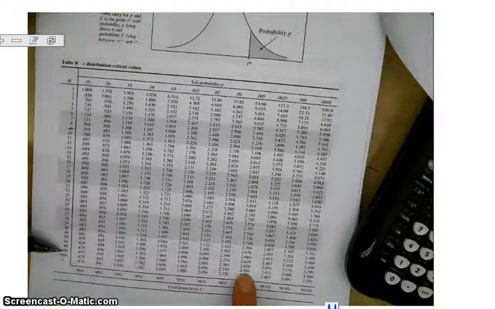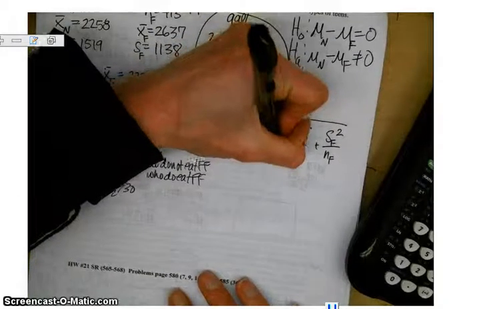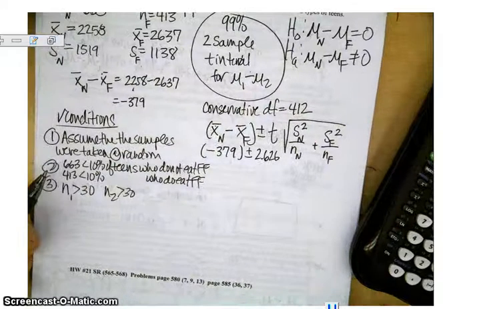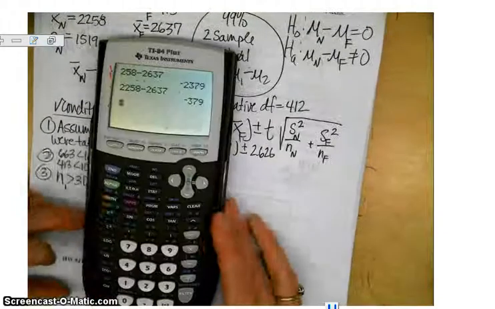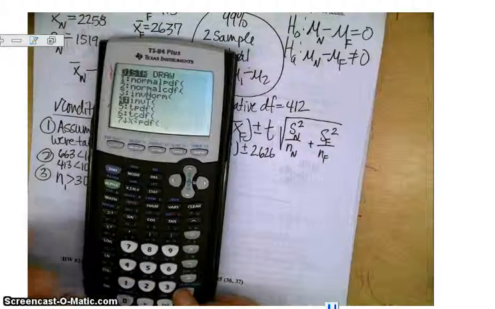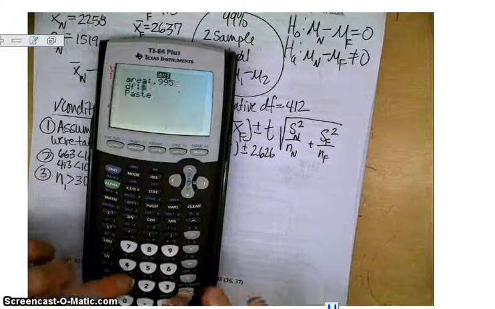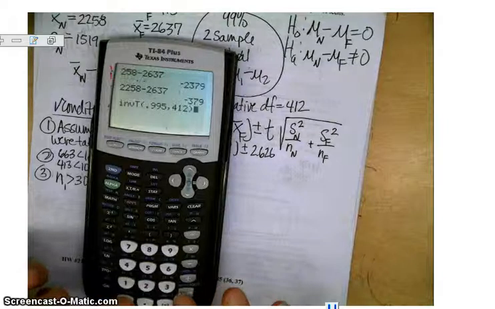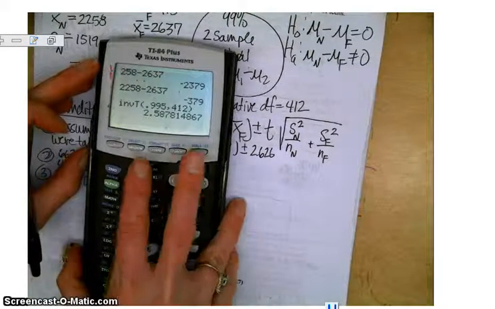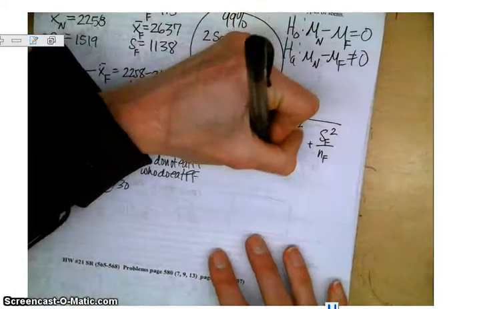So 2.626, that's all I can use on my table. The other option was to go second distribution, inverse t, 0.995, and then with 412 degrees of freedom, and that should give me something a little more accurate, 2.588. So maybe I'll use that, 2.588.